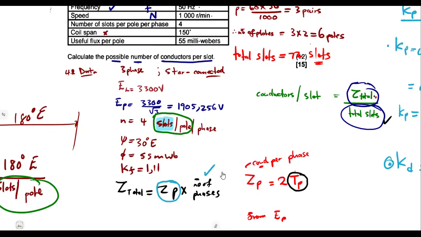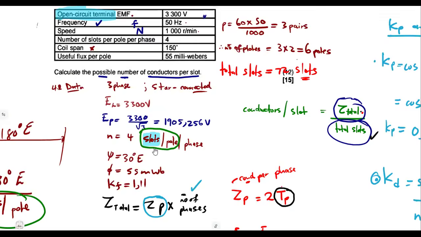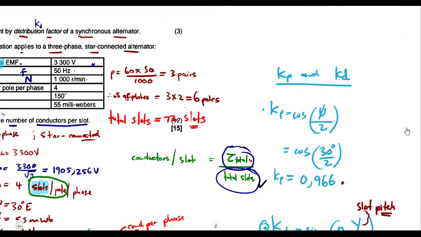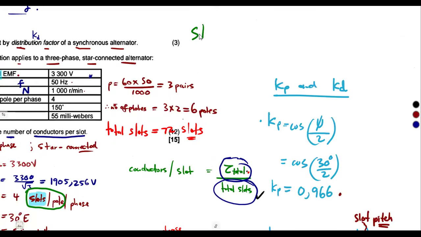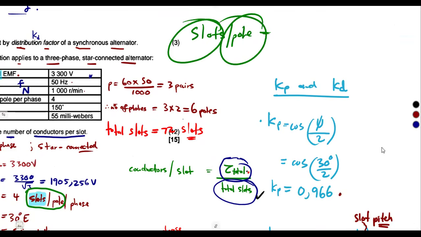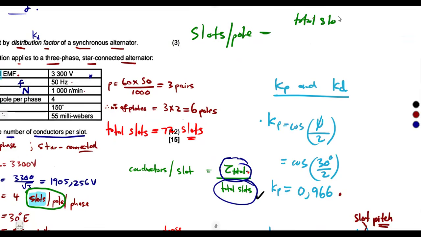Or you can calculate it from here. Slots per pole. Remember, this is what you need: slots per pole. So it must be total slots over total poles. If we have these, we can get the per pole value in our question.